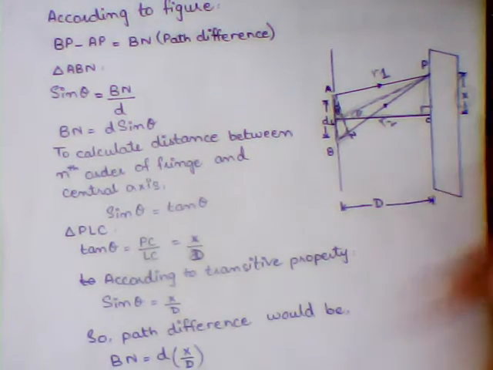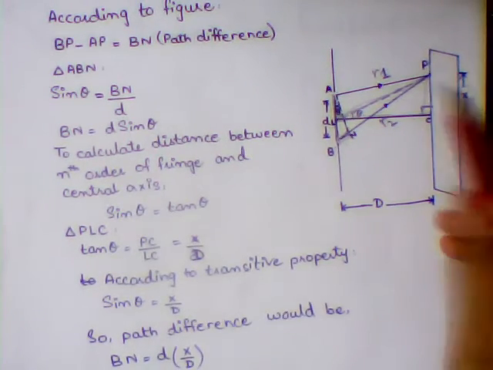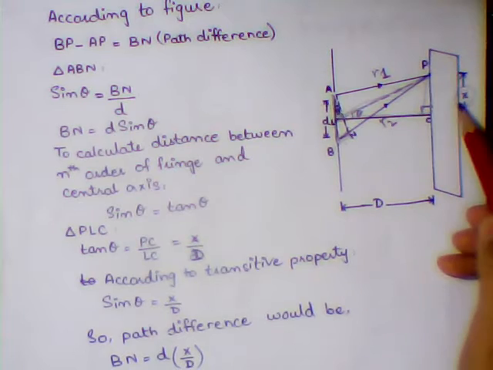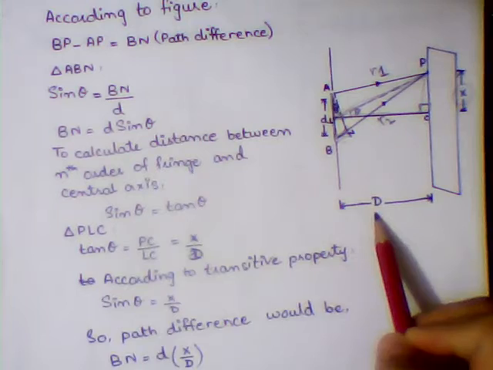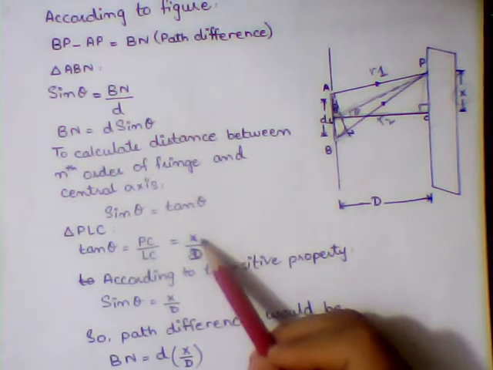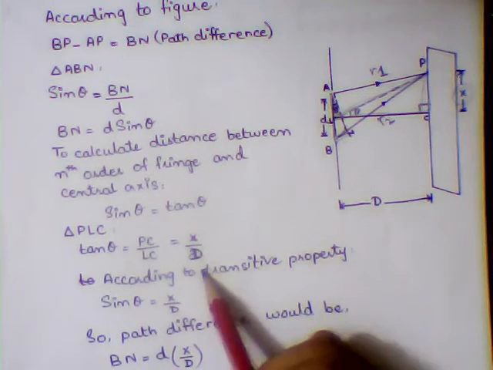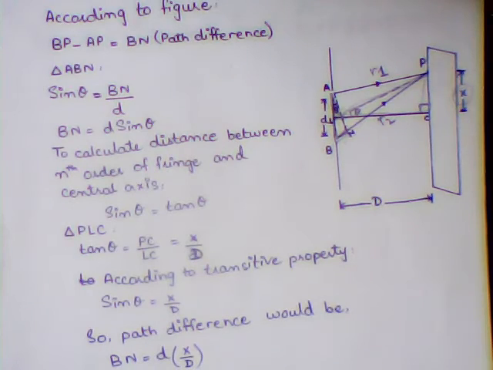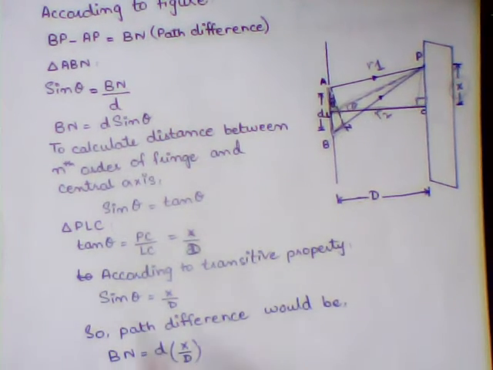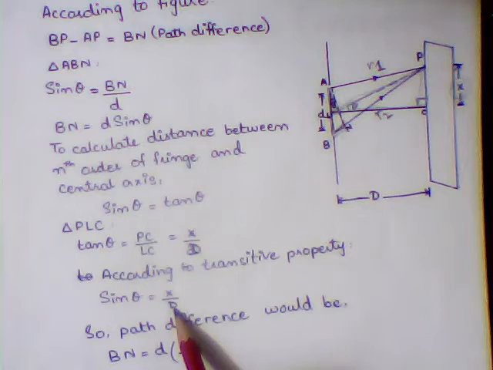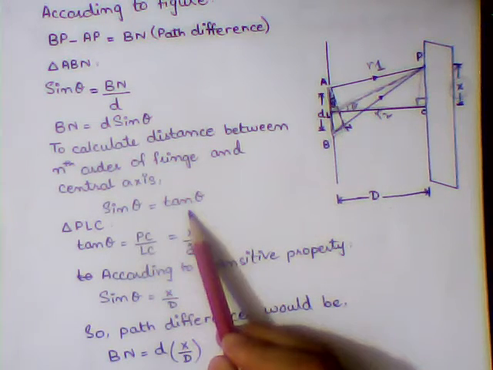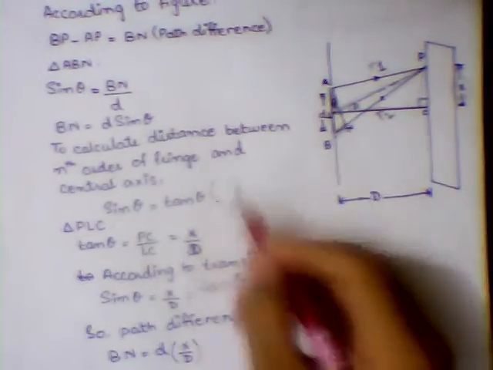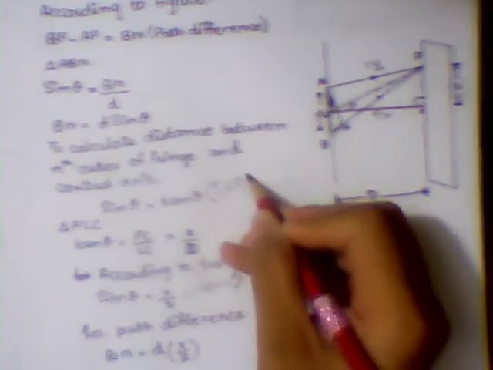PC is equal to x, and the distance LC is capital D. So tan theta equals x over capital D. Now according to the transitive property, since sine theta is equal to tan theta, we can also write it that way using the trigonometric identity.